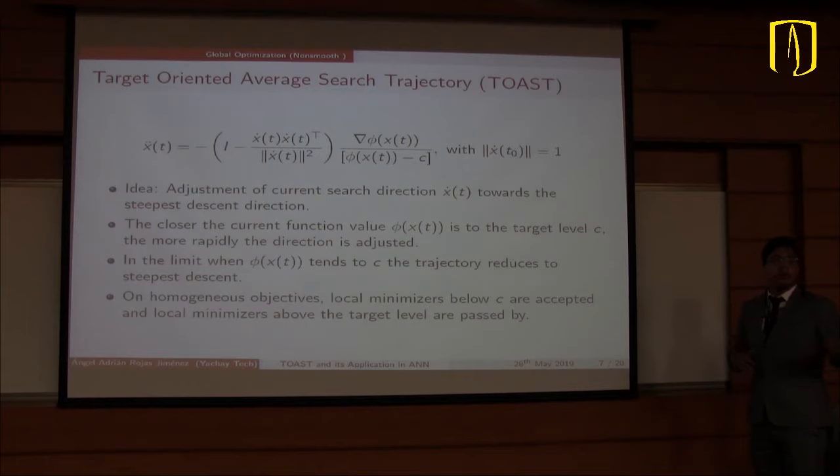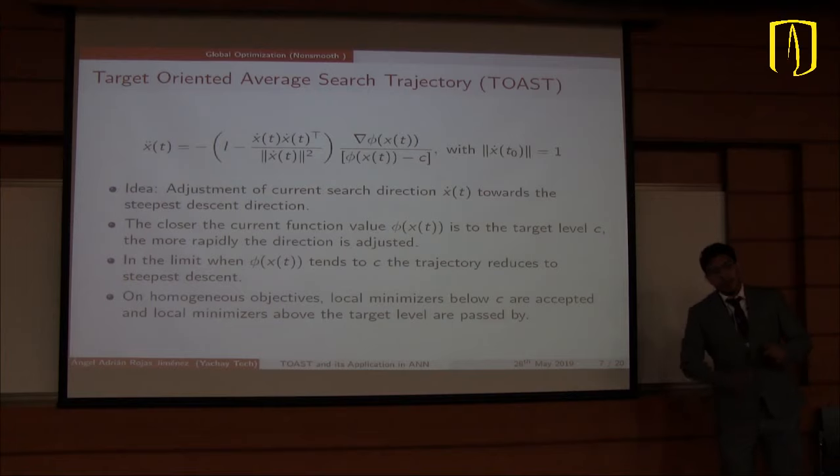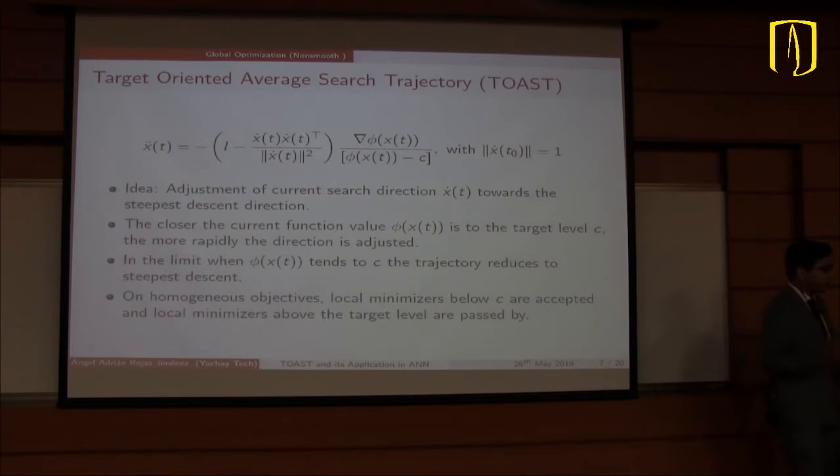It can be the L1 norm, L2 norm, or L infinity norm, so all of them are greater than or equal to 0. And in homogeneous objectives, the function value is proportional to the distance from the minimizer. The local minimizers below C are accepted, and if they are higher than this target level, they are passed by. So they are not considered.